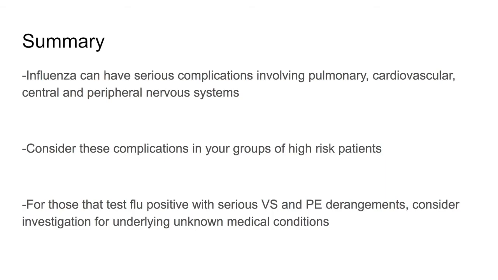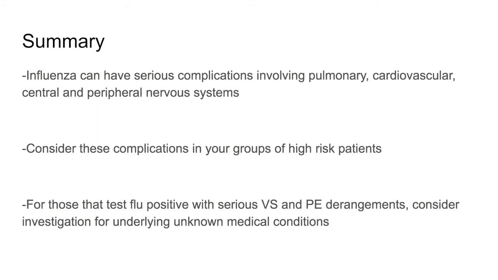So in summary, influenza can cause a lot of different complications, not just respiratory, but CNS complications, cardiac complications, and peripheral nervous system complications. Just keep in mind that a lot of research is still being done to really work out the pathophysiology behind it.